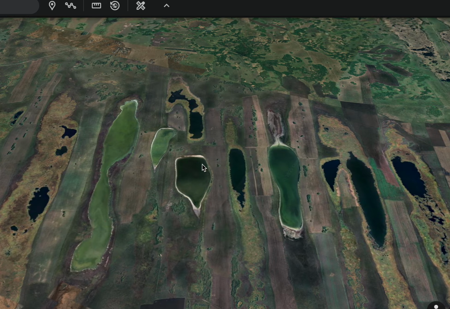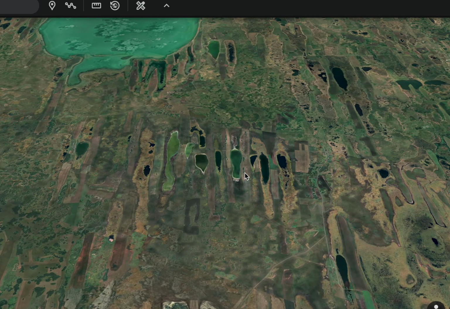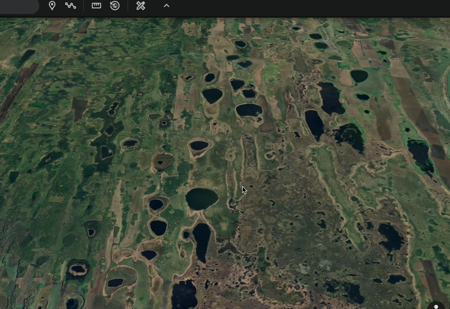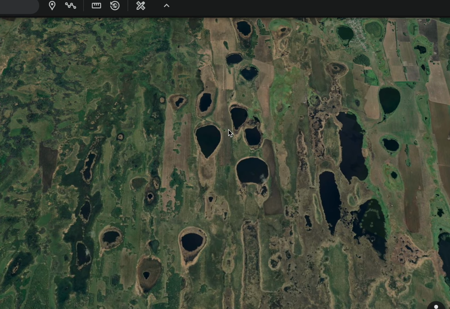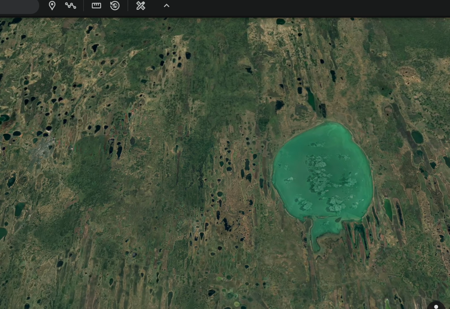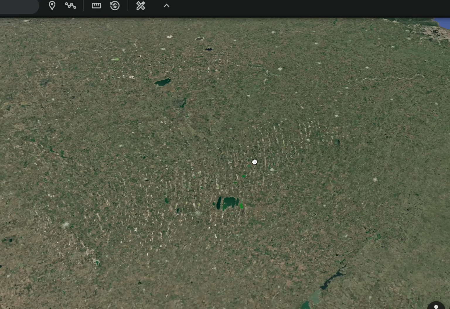Nice straight edge here. This is where the water went. And we also find large lakes and then circular lakes and triangular shaped lakes. Okay. So now let's go back to Argentina.